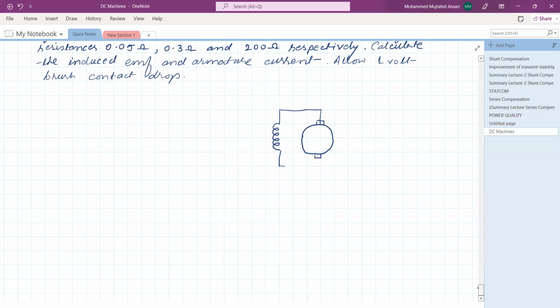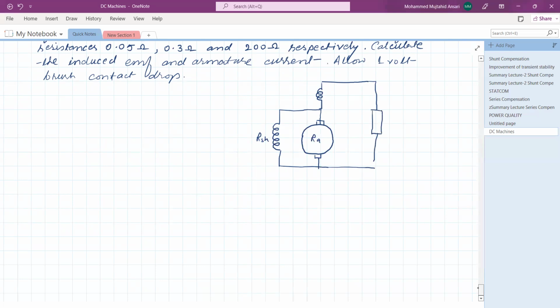This is your armature, RA, and this is RSH, and it is a short shunt. So the series field winding is not in parallel with the shunt field winding. So it is a short shunt generator, and here the load is connected.